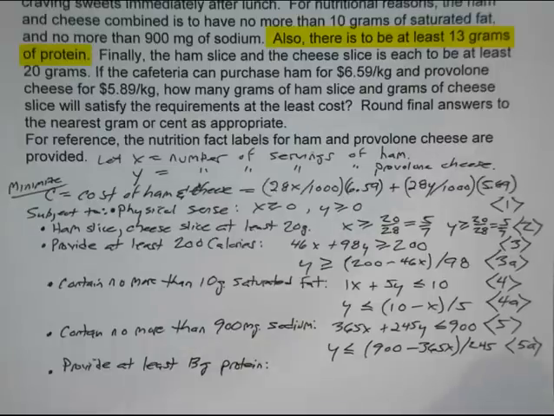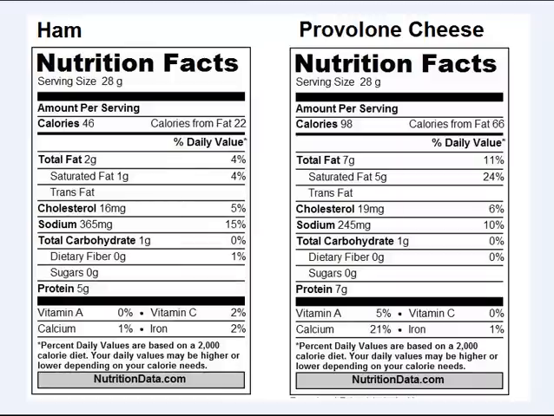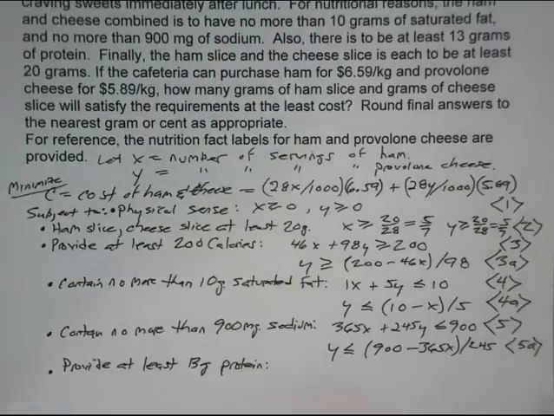How to translate that? We need those nutritional fact labels again, and looking around for the protein information. It's down towards the bottom there, and the ham provides 5 grams for 1 serving, and the provolone cheese provides 7 grams for 1 serving. Okay, ready to translate that.